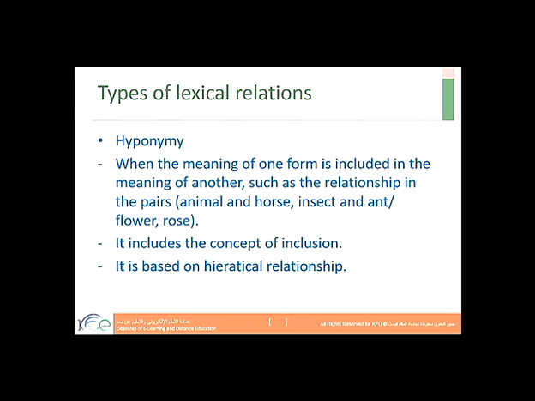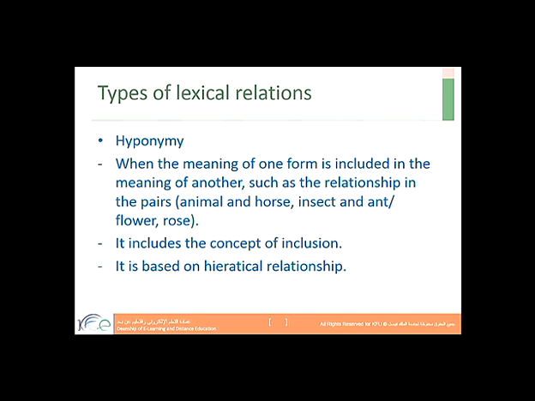Hyponymy includes the concept of inclusion. So we have a certain lexical item that's on top, and the other word comes beneath it, or under this word. For example, as I have just told you, animal and horse.